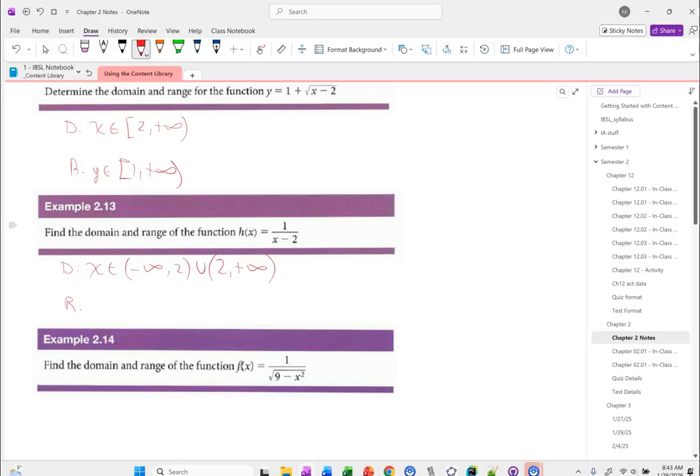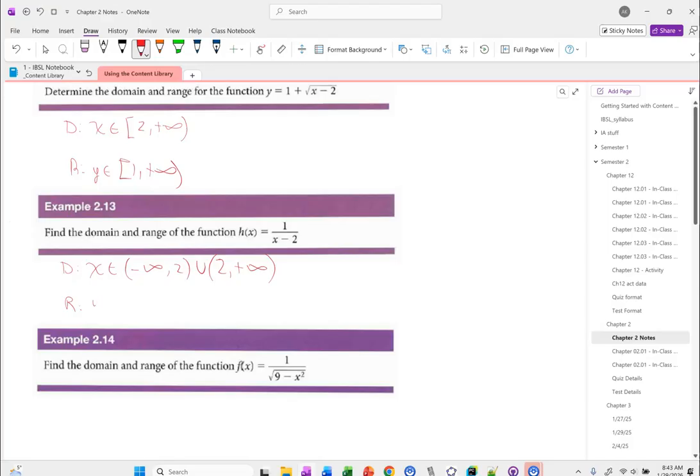Is that really negative? If I plugged a 0 in for y, so I have 0 equals 1 over x minus 2. I try to solve that for x. I multiply both sides by x minus 2, and then I have 0 is equal to 1. No solution to that. Right? If you have a variable in the denominator, that's it. There's nothing else. Setting it equal to 0 is a problem.